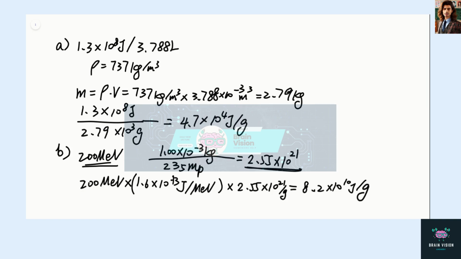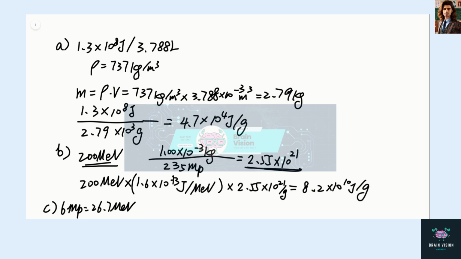And then part C says, let's look at the proton-proton chain that causes the fusion in our sun, and it can be summarized as 6 protons forming 1 nucleus and releasing 26.7 MeV. So 6 protons give us 26.7 MeV. And again, we want to calculate the energy density in this case.